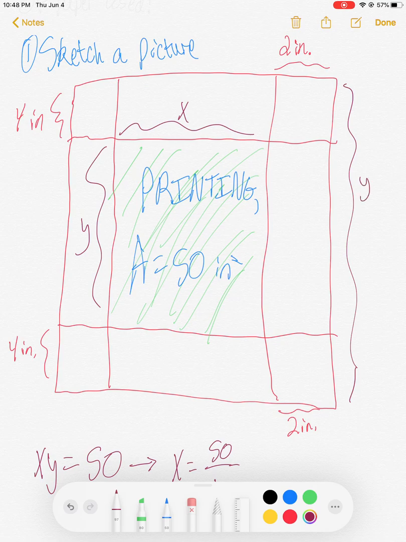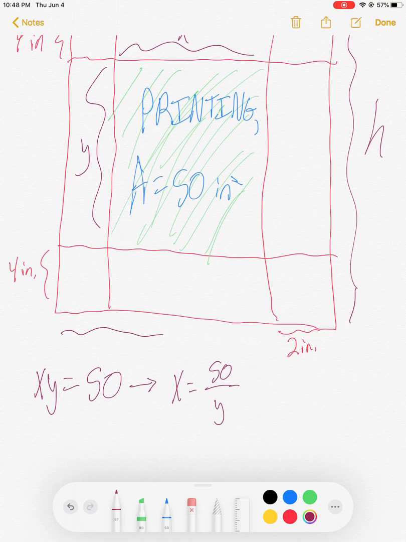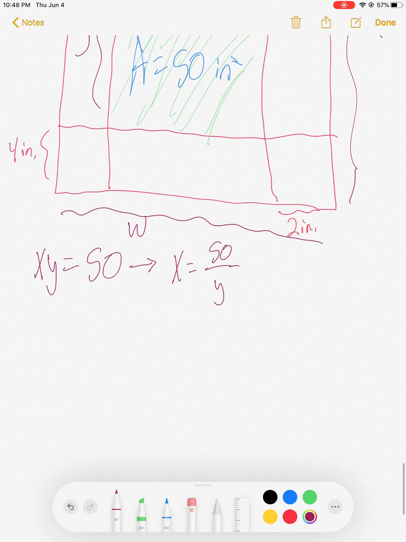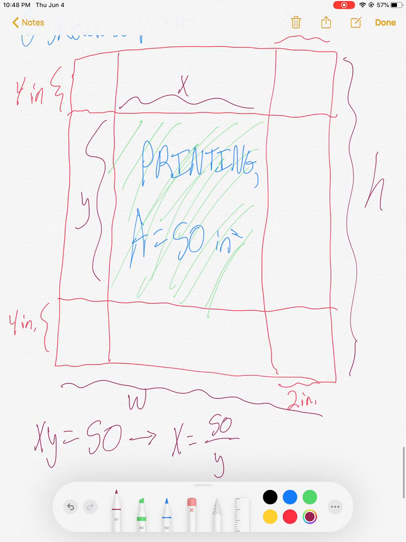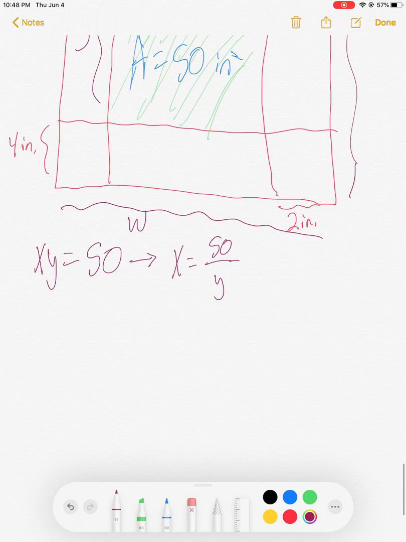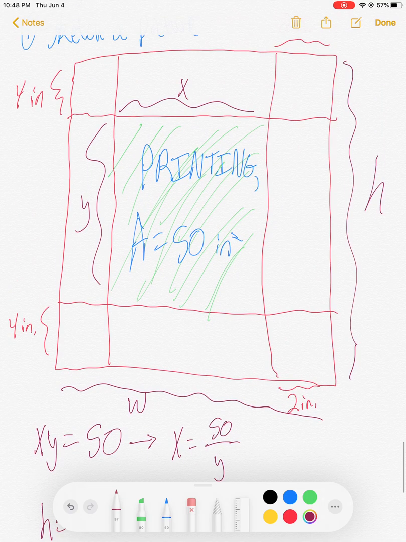Right? So, and let's do a little bit more computation here. The height of the paper as a whole, the poster as a whole, so this height is equal to y plus 8. Let's call this h for height, and then we'll call this w for width.